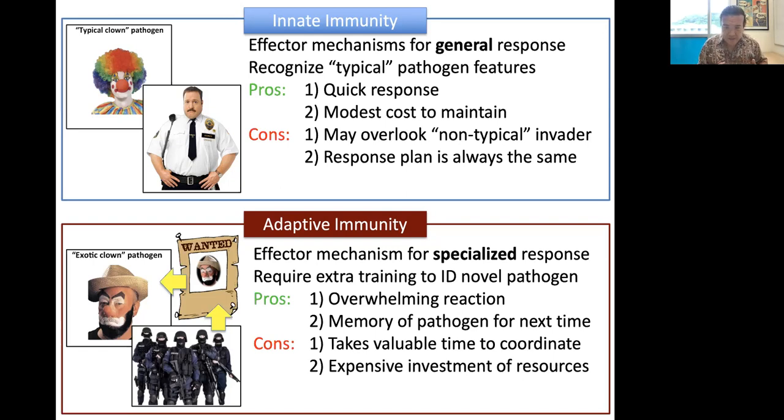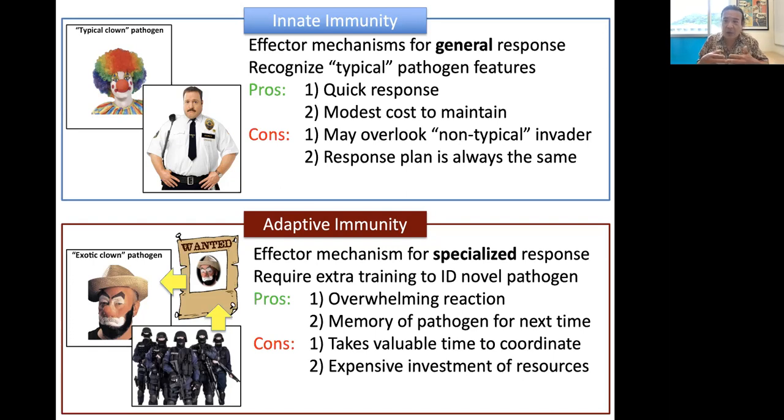So let's look at the adaptive side. The adaptive side are effector mechanisms that are specialized for a very particular focused response. They require extra training to identify that something really is a novel pathogen. And again, we can imagine that when Bad Clown comes along, the first time your body's exposed to him, you have no previous knowledge that he's necessarily a pathogen, and your innate immune side maybe doesn't do a good job of recognizing him as a pathogen.